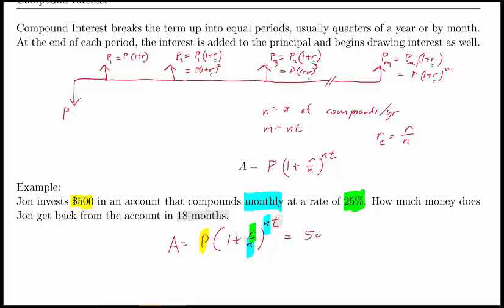So we plug everything in, $500 to get this equation. And just to summarize, we've got $500 here, 0.25 there, 12 compounds per year, and then we finally have our term of 18 months, or 1.5 years.